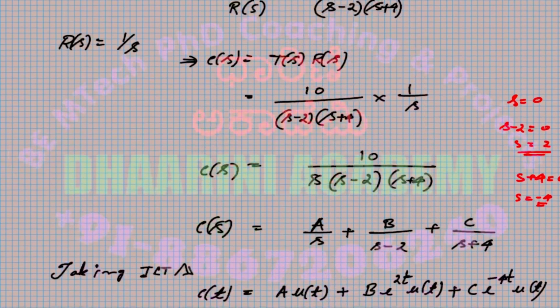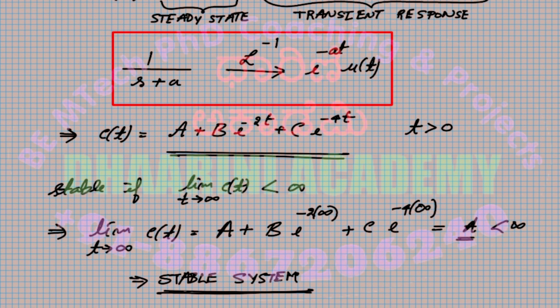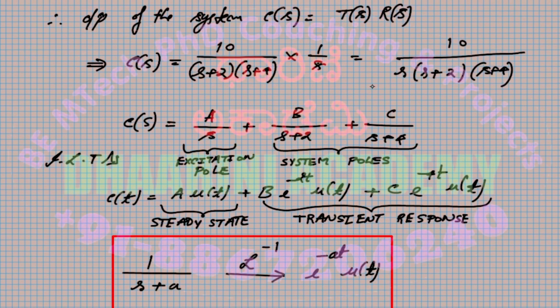You see here, if every root you find is on the left side of the S plane, say S equal to -2, S equal to -4, then corresponding to those poles you get a transient response with negative exponentials, so the powers are negative.